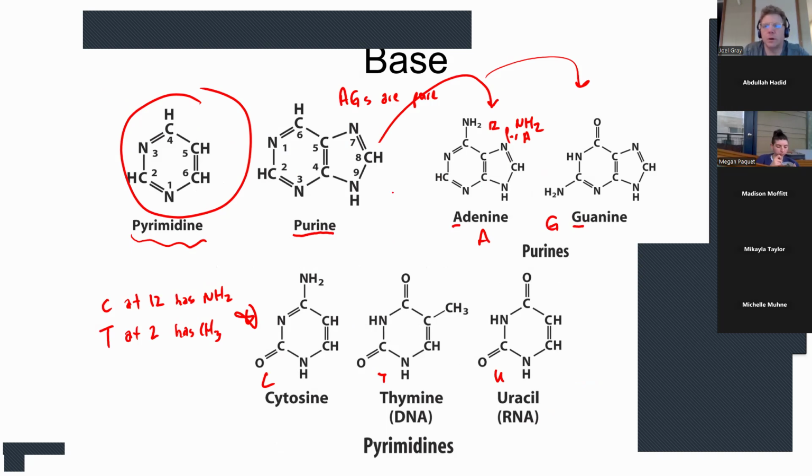What I mean by that is, how many atoms are there in a purine? There's nine atoms that make up the two rings. So if we were to look at a purine connected to ribose, this nitrogen is atom number 9 in that ring.